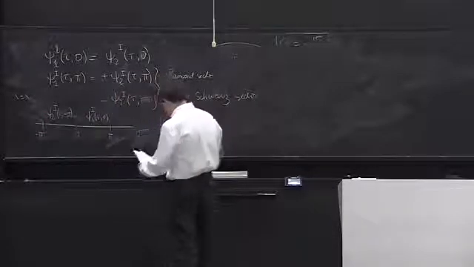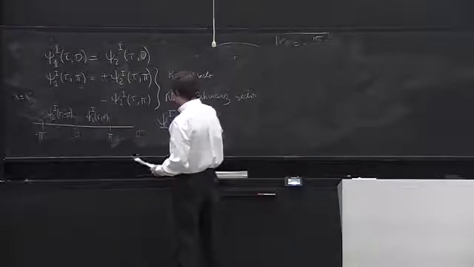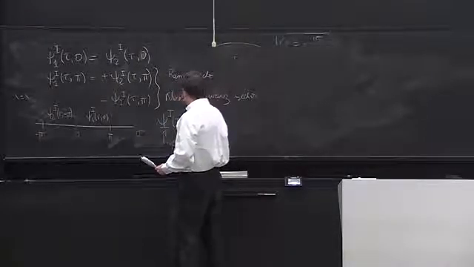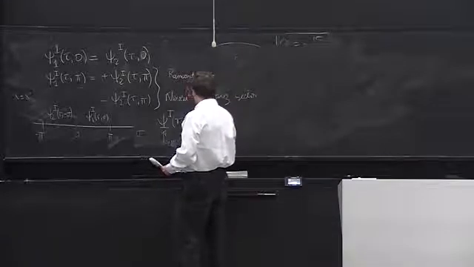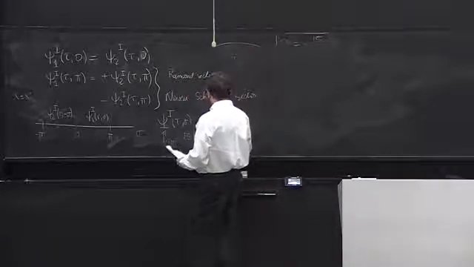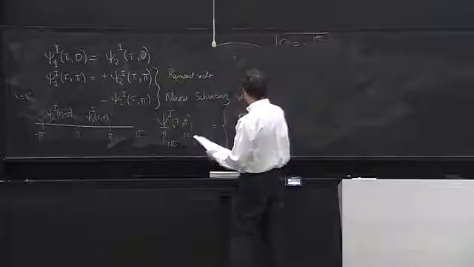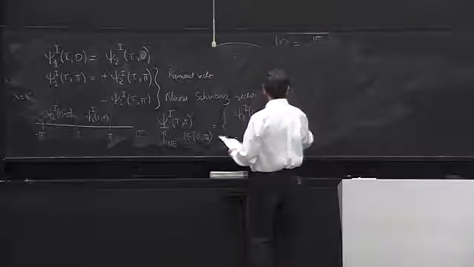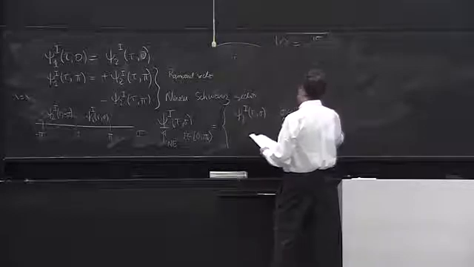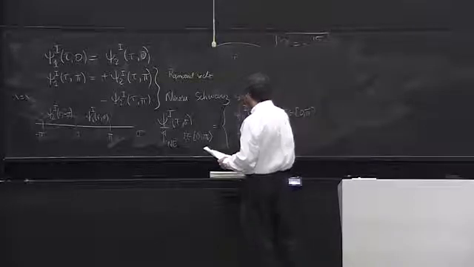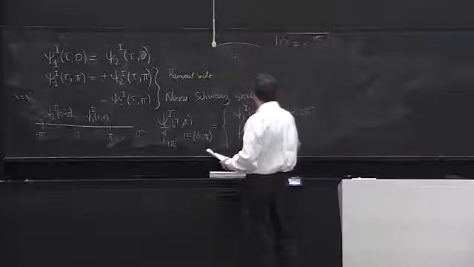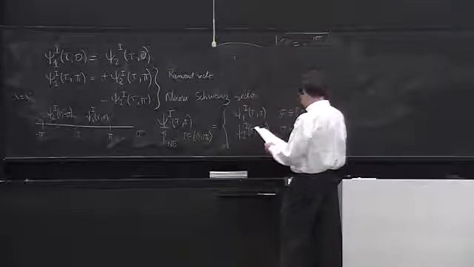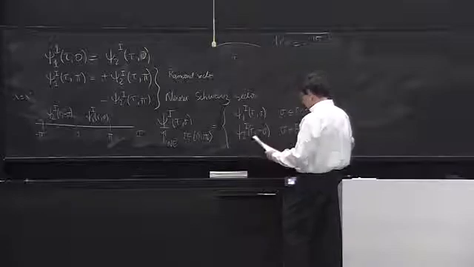So we can say that psi I of tau and sigma, the new field, that lives from sigma minus pi to pi, is going to be psi1 I of tau sigma for sigma in 0 to pi, and it's going to be psi2 I of tau minus sigma for sigma between minus pi and 0.